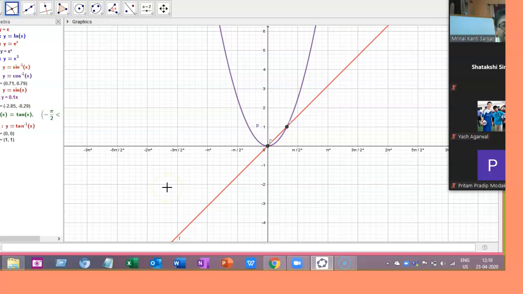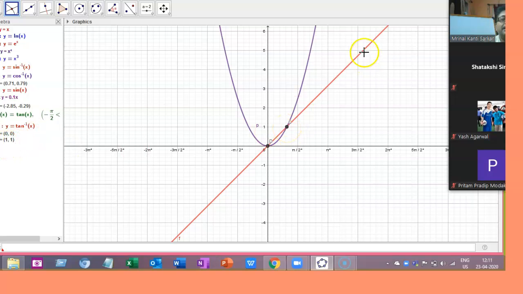If they have asked you to solve y equal to x and y equal to x squared, the solution is going to be these two points, C and D. D has coordinates x0, y0, C has 1, 1.